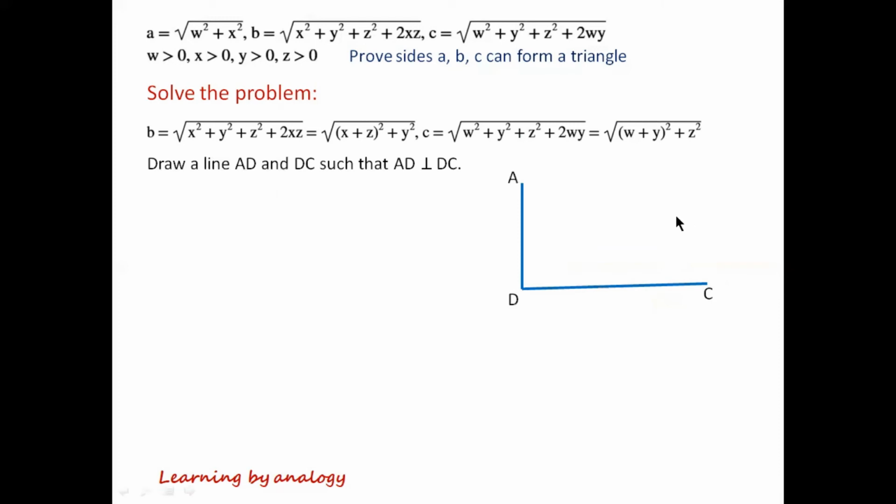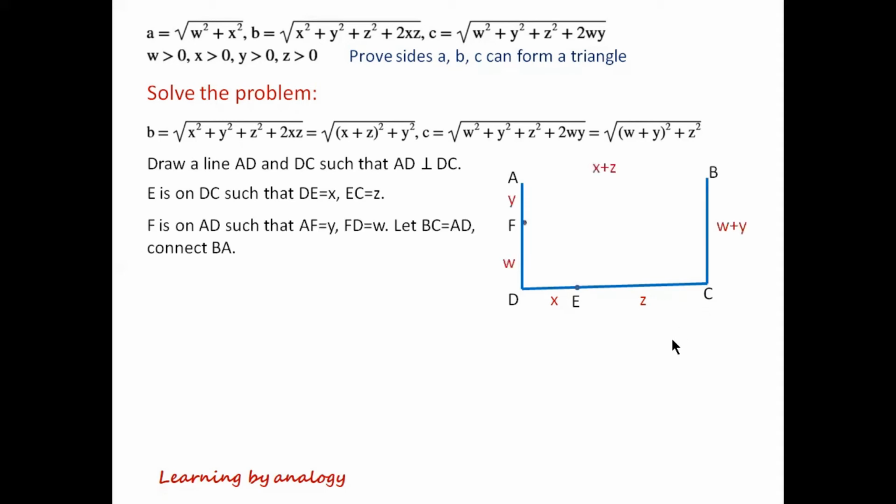Draw a line AD and DC such that AD is perpendicular to DC. E is on DC such that DE equals x. EC equals z.